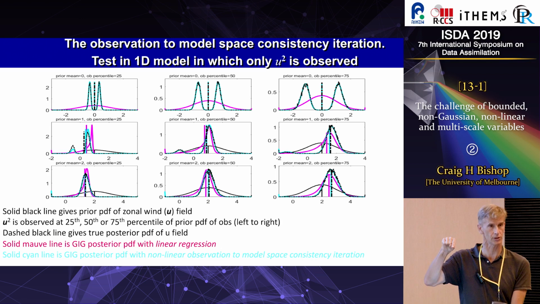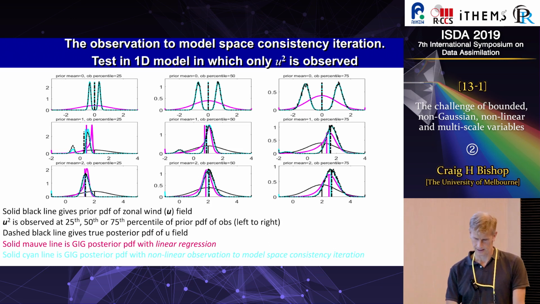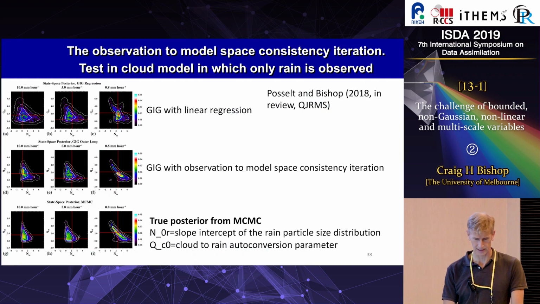So begin by doing a good job in ob space, and then enforce consistency. These are all just little variations on the same thing. Got it right in all of them, except this one, where it's underdoing the negative lobe. It's not exactly solving Bayes' theorem, but it's not bad.